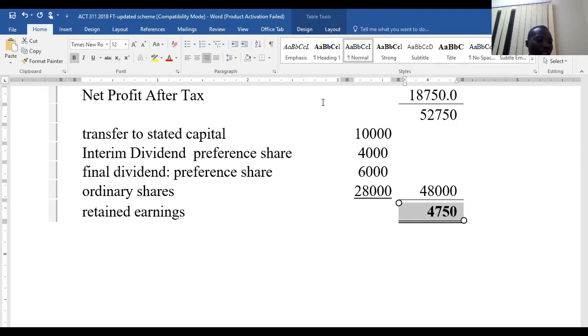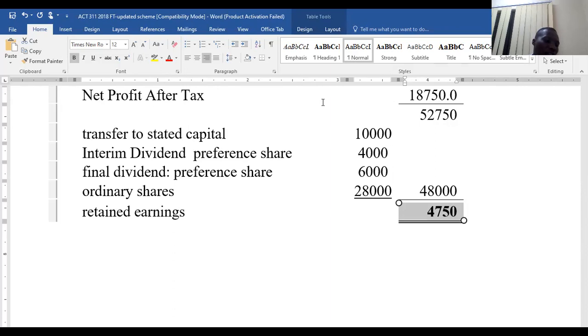The total you get is what we call the owner's equity or shareholders' equity. Add it, and see how much you are getting. 212,750. Good.